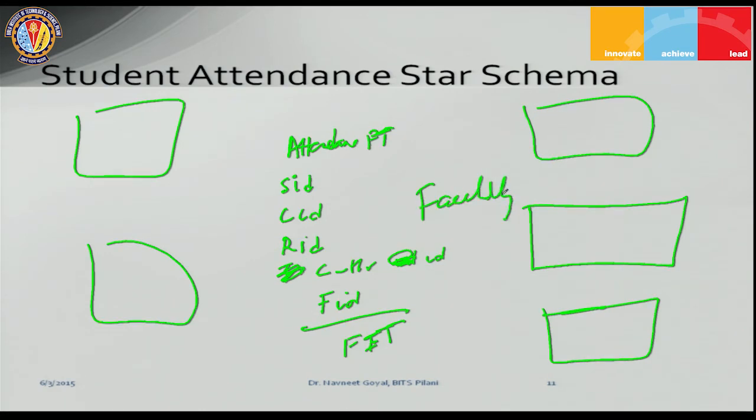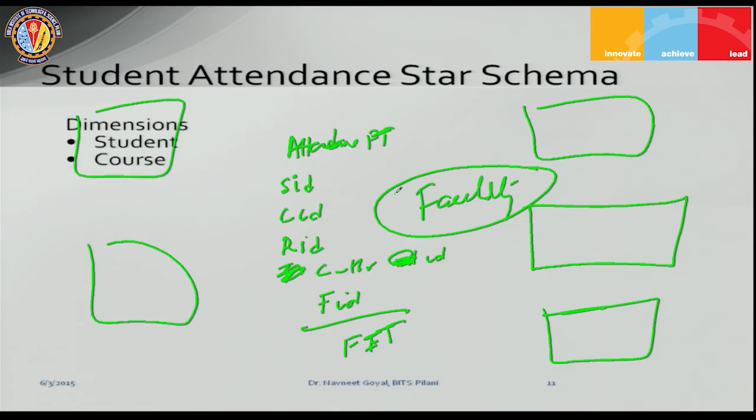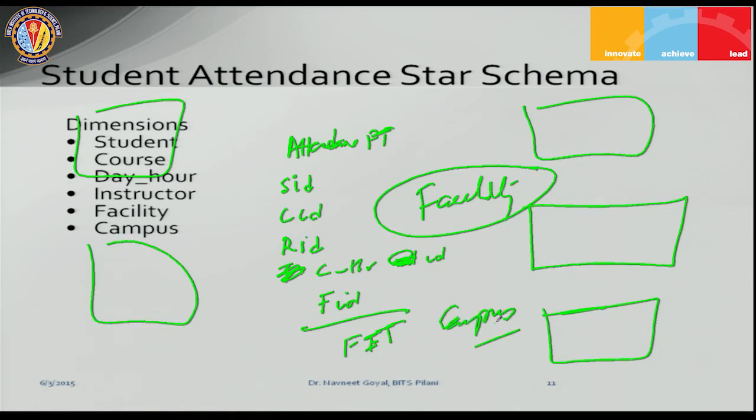When I say facility, it also incorporates all kinds of rooms where students come for either labs or classes. So this is the typical student attendance star schema. The dimensions that apply, as I've told you, are day, hour, instructor, and facility, right? And of course campus also you can add, because if you want to do some analysis with respect to campuses, then you need this.